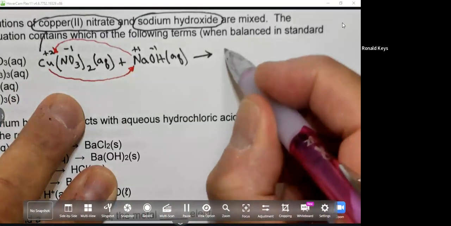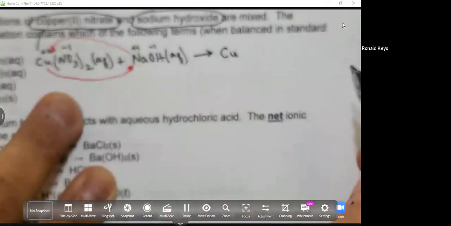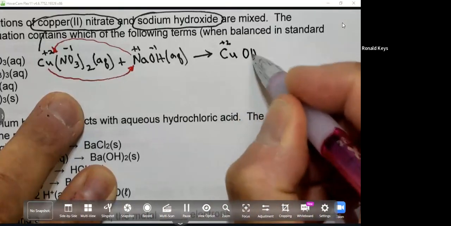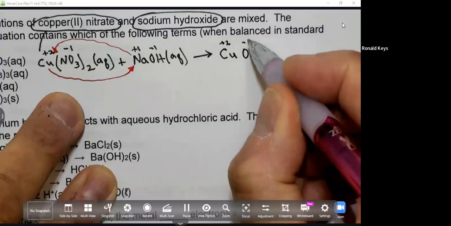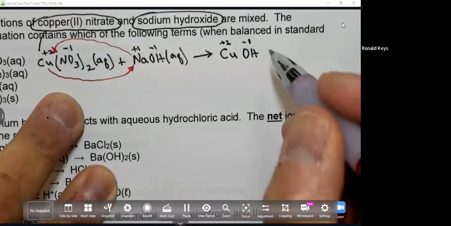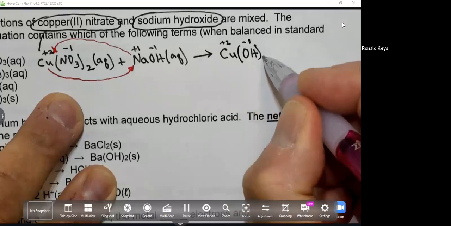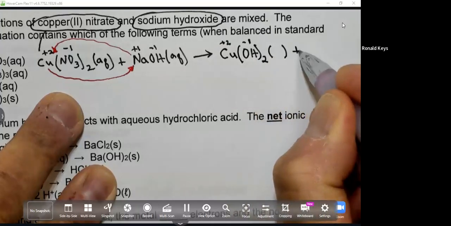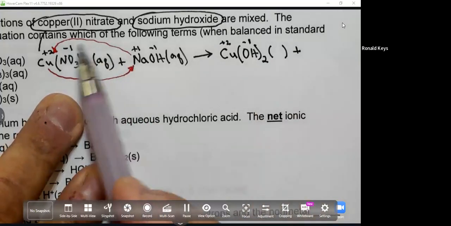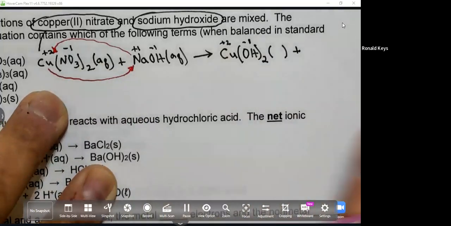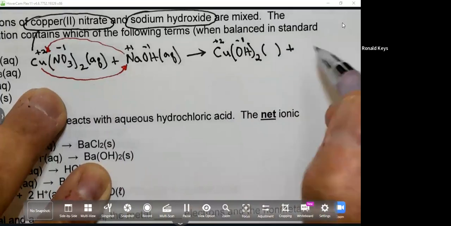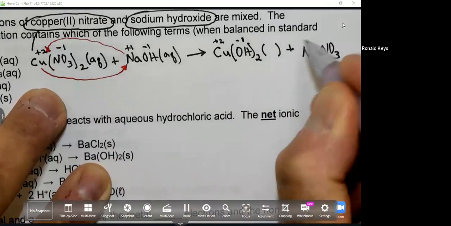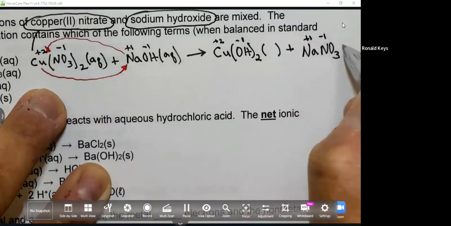So if copper takes the place of sodium, copper plus 2 hydroxide. So we would need 2 there. I'll leave that open. Plus sodium takes the place of copper and NaNO3, plus 1, minus 1.